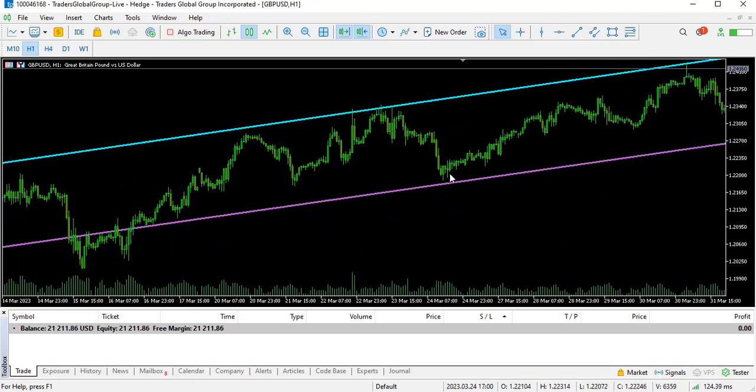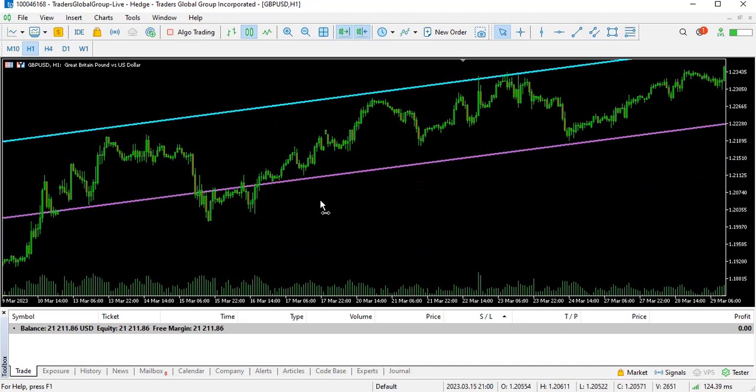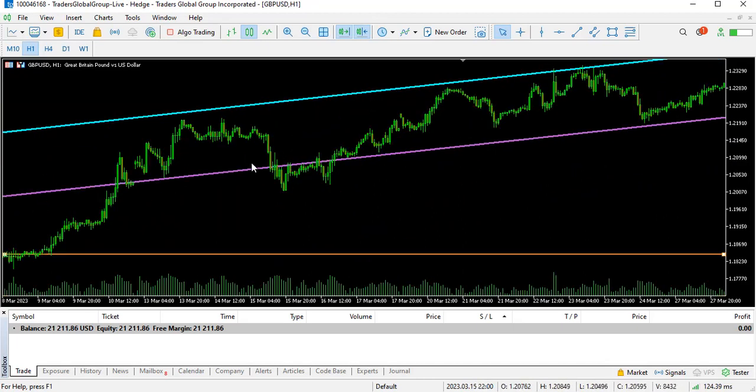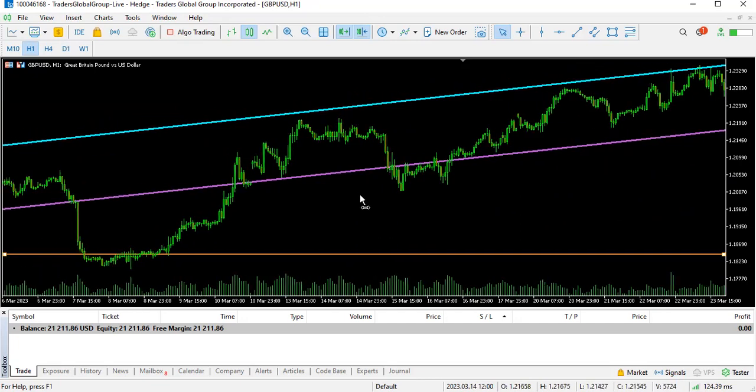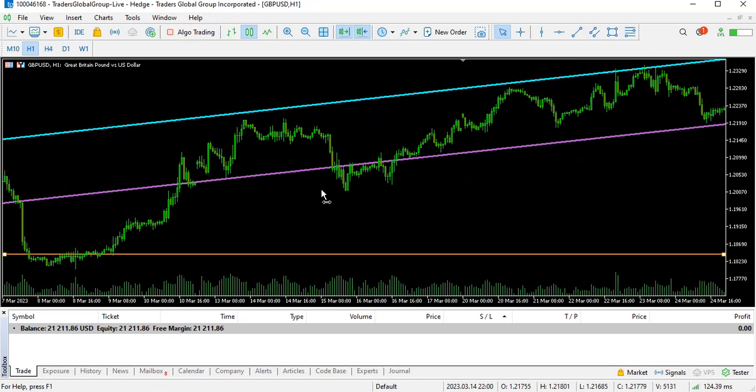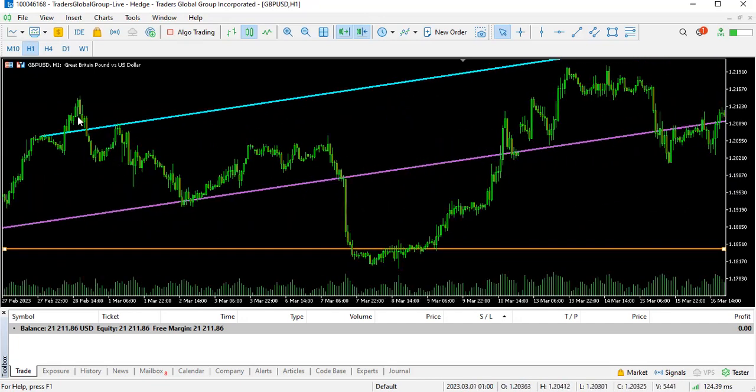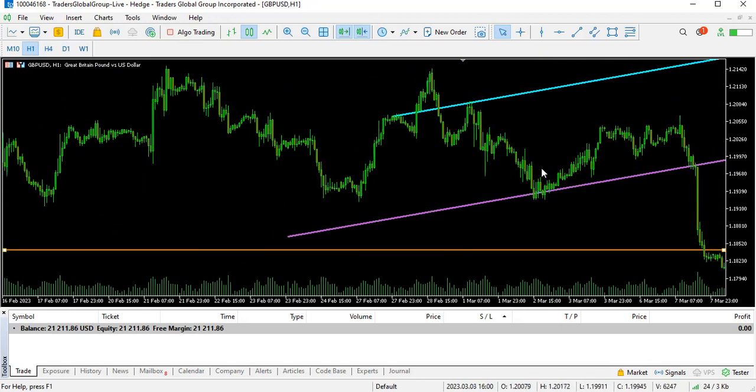The way it's coming down, these are not channels. The same thing, the way it's falling down, it forms a head and shoulders. So it's different, though it's almost similar to something like this.